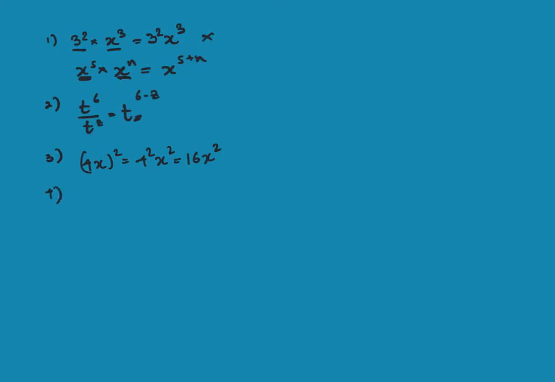More, I'm going to have, for example, 3b divided by c, and then everything to the power of 2. If you remember the rule from the previous 2 pages, 3 to the power of 2, b to the power of 2, every single member inside the brackets needs to be raised to that power. So if you want, you can simplify this like that.